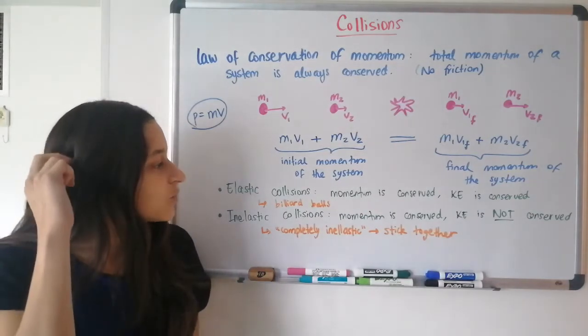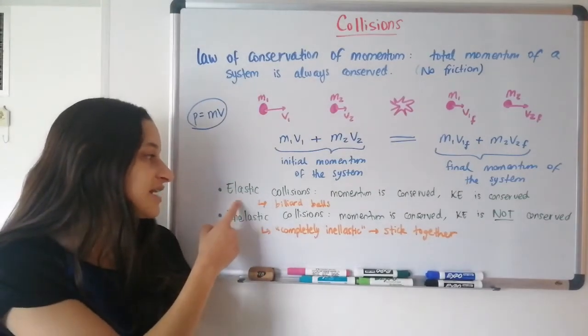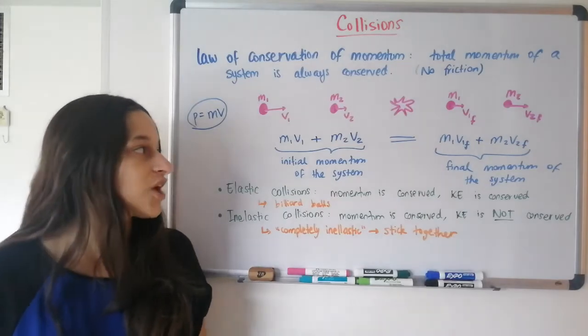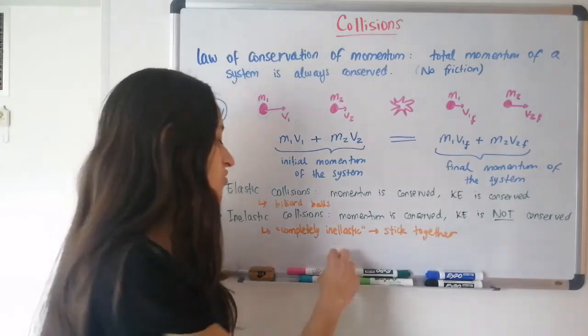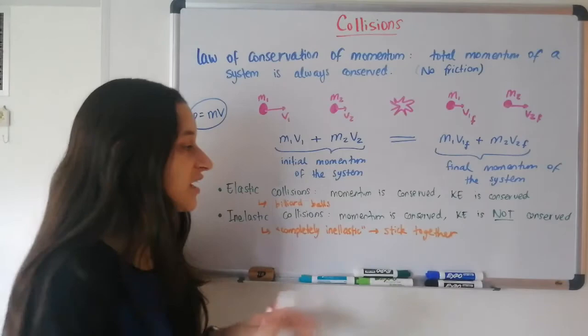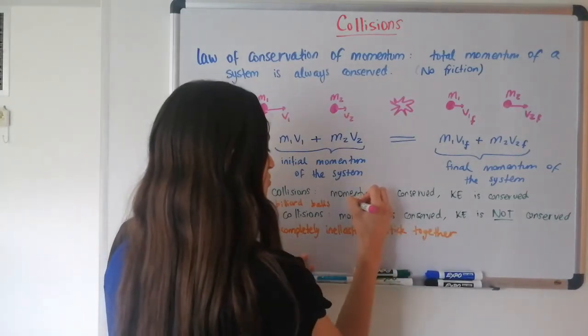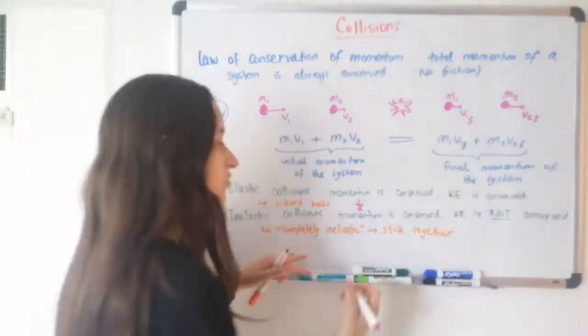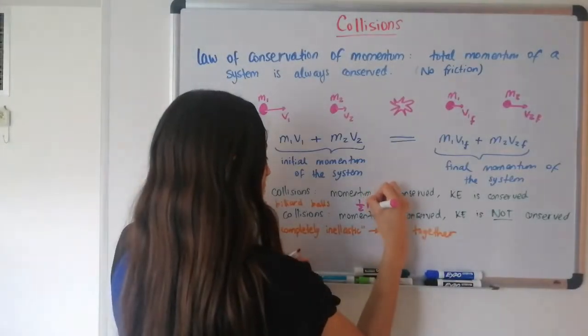Right? So when you're solving problems with elastic collisions, it can be mathematically a bit harder because not only do you have to use this equation, you also have to use conservation of kinetic energy. Kinetic energy is 1/2 mv squared, hopefully you remember that from the end of the previous unit.